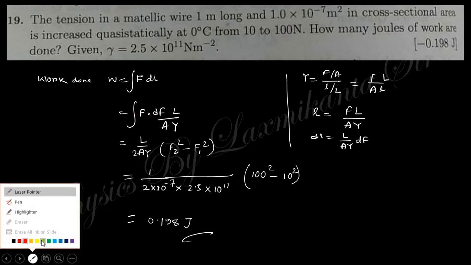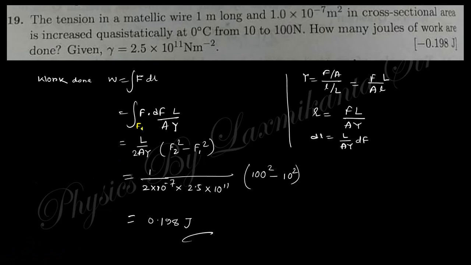If you take the initial as F1 and the final as F2, this will be the formula. Putting in the values of F1 and F2, finally you will get this relation. So this is the work done of this process. Clear? Very simple.